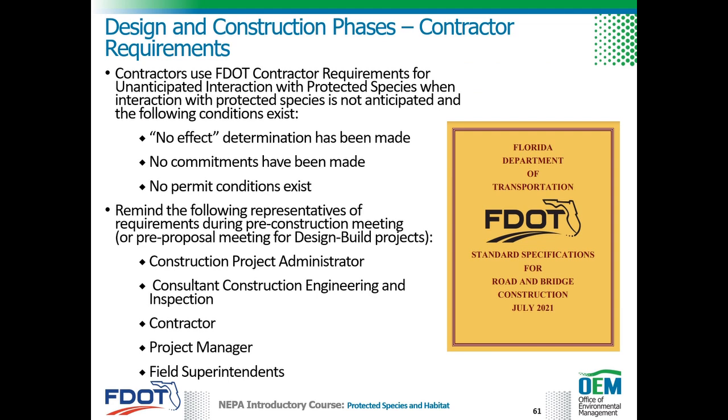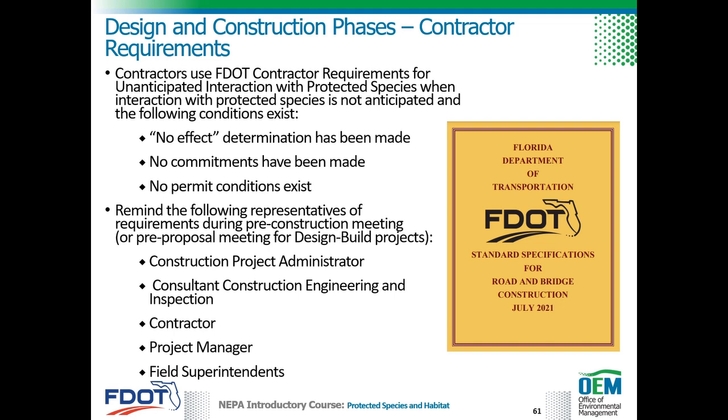FDOT developed contractor requirements for unanticipated interaction with protected species for use by contractors when interaction with protected species is not anticipated and the following conditions exist: no effect determination has been made, no commitments have been made, and/or no permit conditions exist.